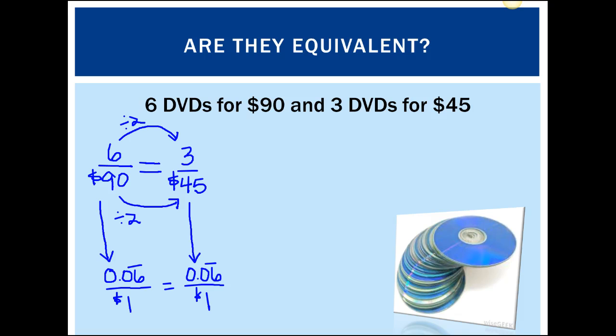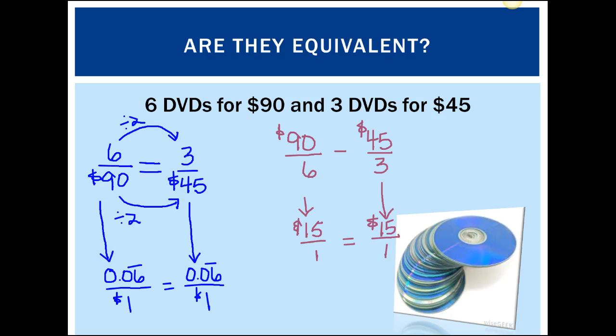You could say $90 for 6 DVDs and $45 for 3 DVDs. Now when you find the unit rate, you would do 90 divided by 6 and learn that that is $15 for 1 DVD. Then when you divide 45 by 3, you also find that it is $15 for 1 DVD. And those two are equal.